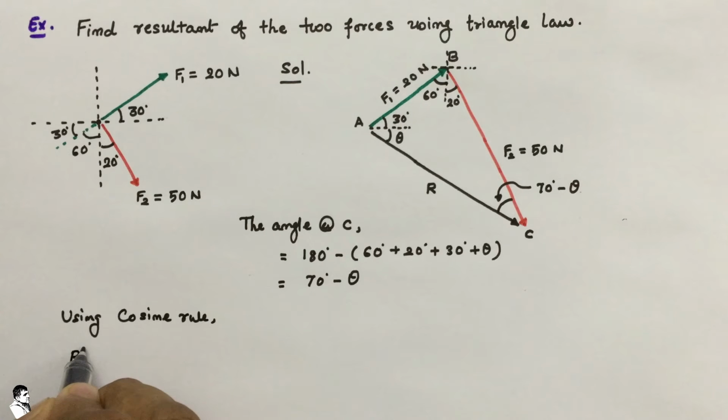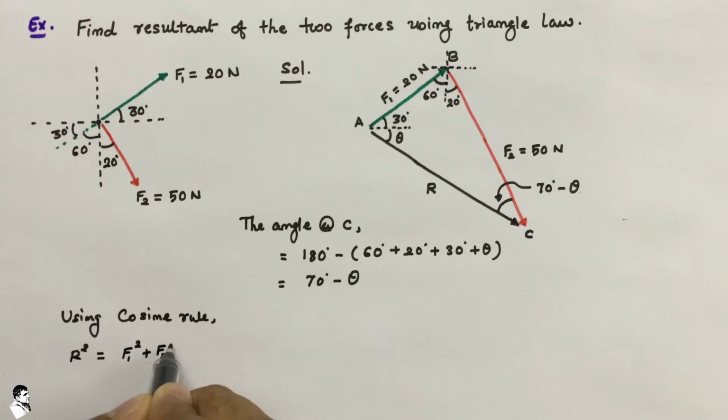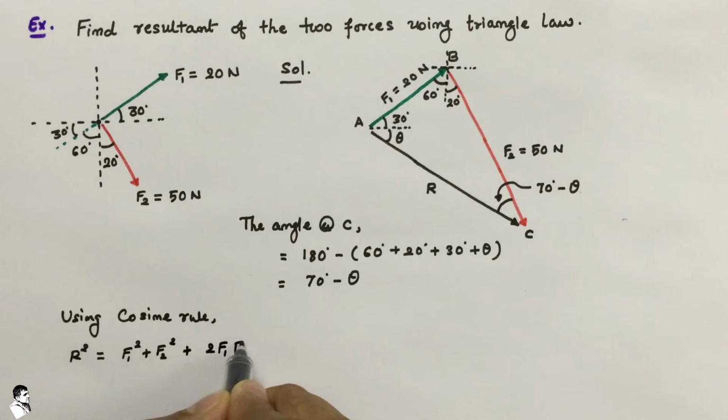So I can write here a simple equation that you remember: r square is equal to f1 square plus f2 square plus 2 f1 f2 cos theta, or you can write cos beta, right?